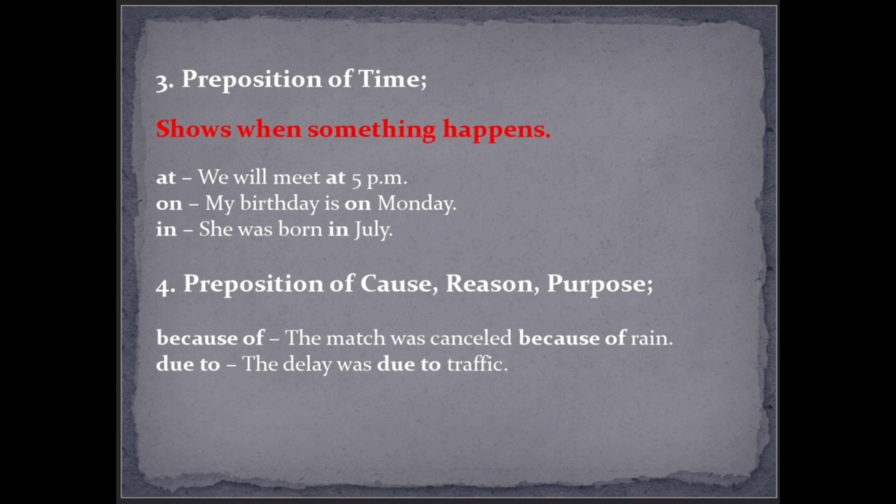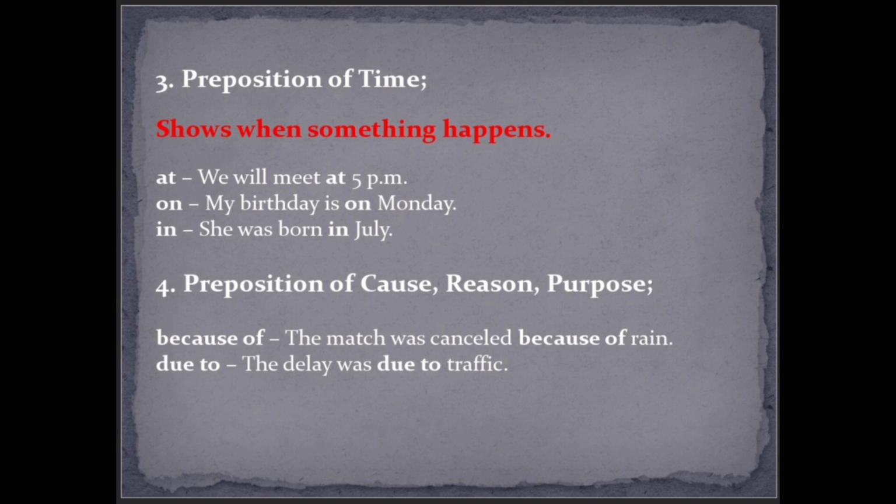She was born in July. So when was she born? In July. So whenever we express time in a sentence, we use these prepositions at, on, in to indicate when something happens. Okay.